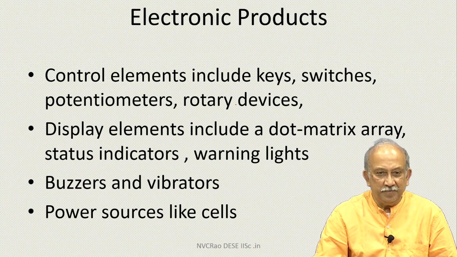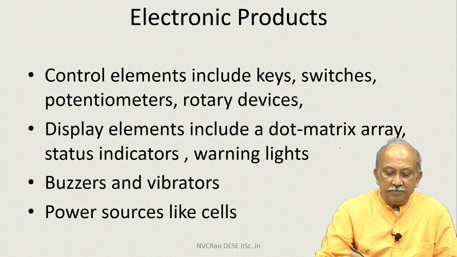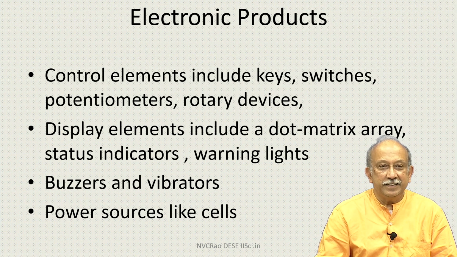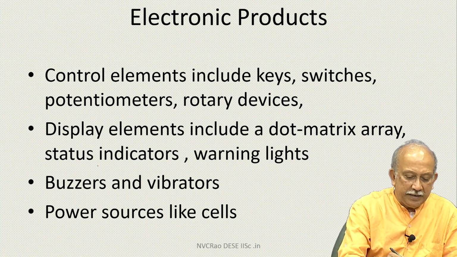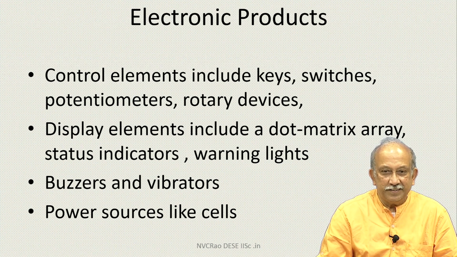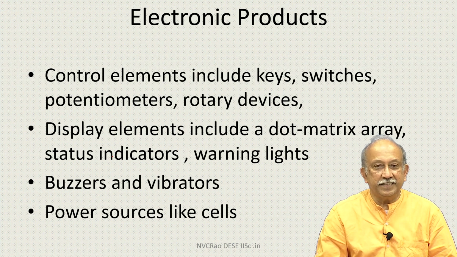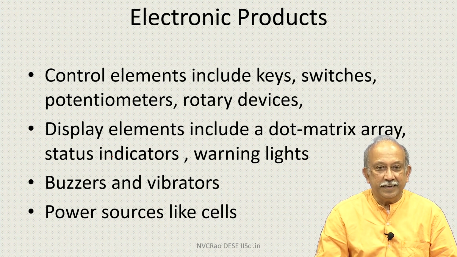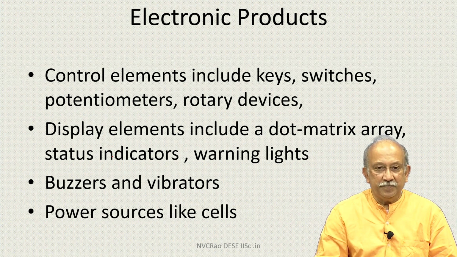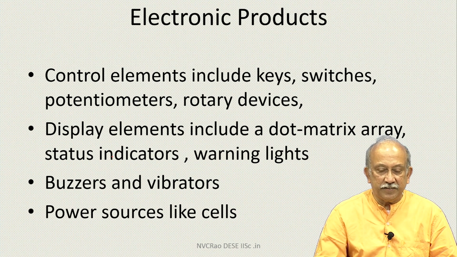Next we come to a large number of display elements. The smallest thing is probably a status indicator, which is just good old something which changes color, or another element which indicates. So, we are all familiar with these things.